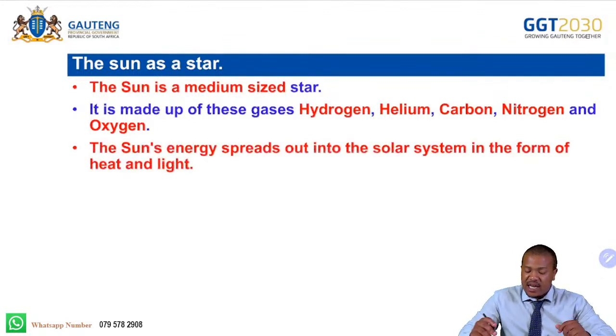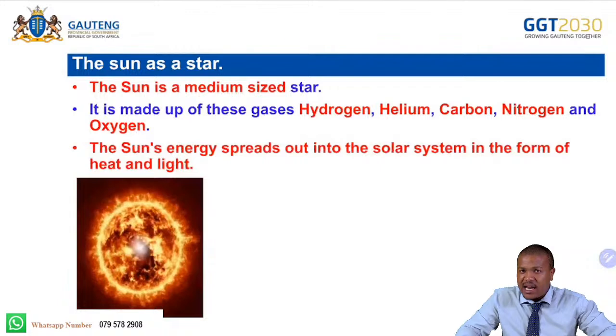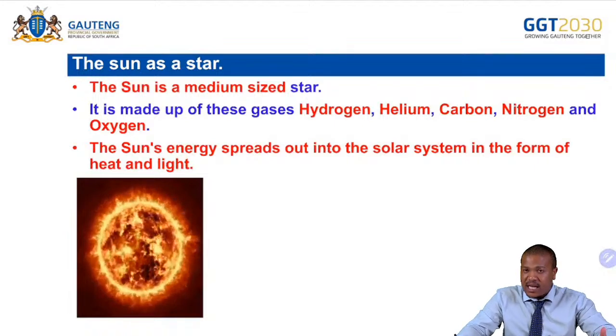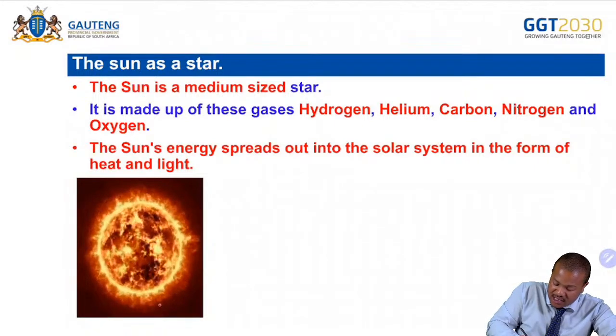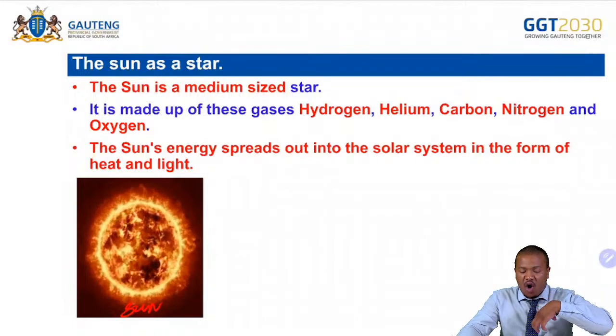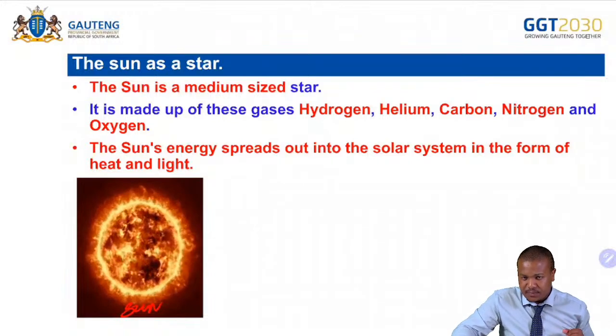And the sun's energy is able to spread out in the solar system in the form of heat and light. Like now it is during the day, right? We are able to experience the heat and light from the sun, right? So here is the sun as our medium-sized star. So also inside, in the core of the sun, there's tremendous activity such as nuclear fusion, right?